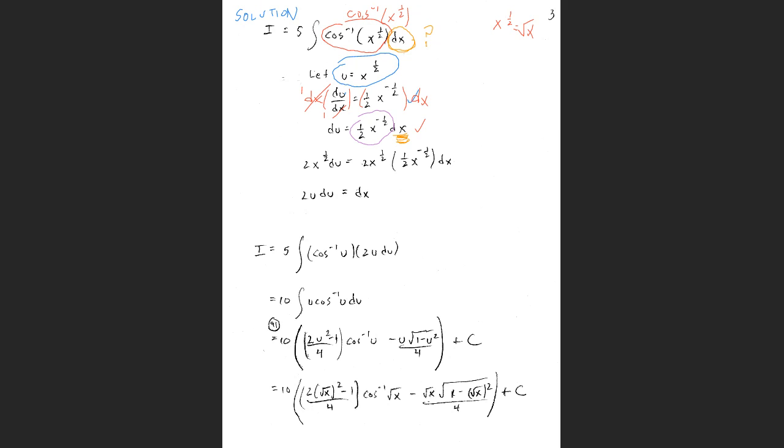If I multiply 2 through the equation, 2 times 1/2 will be 1. And then if I multiply x to the half power through the equation, x to the half times x to the negative half equals x to the half plus negative half.